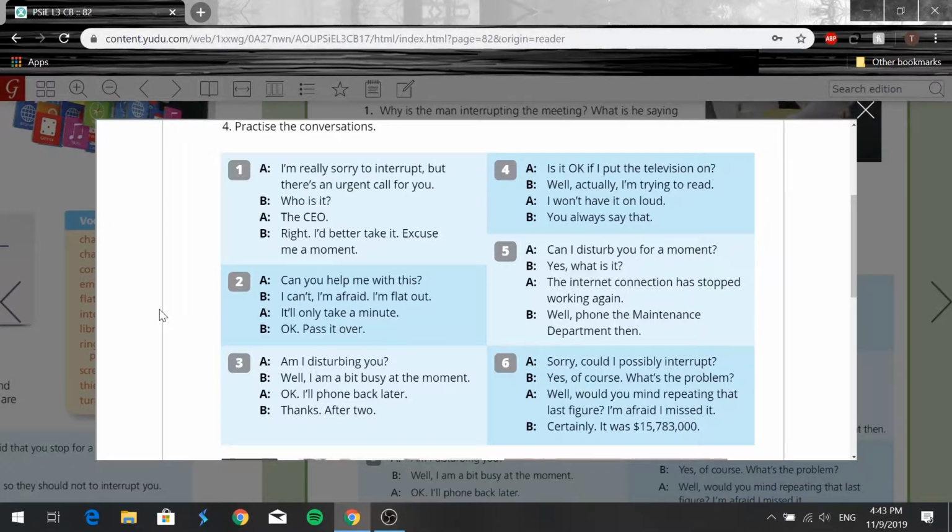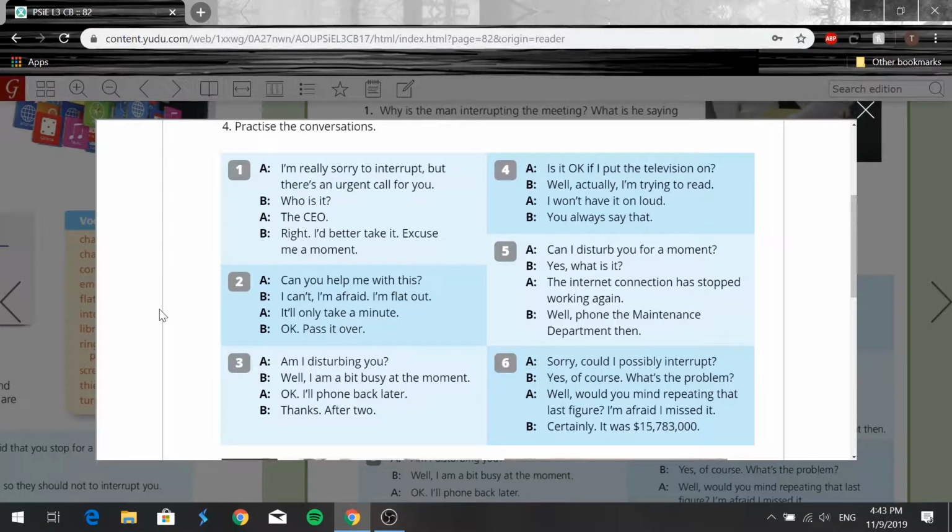4. Is it OK if I put the television on? Well, actually, I'm trying to read. I won't have it on loud. You always say that. 5. Can I disturb you for a moment? Yes, what is it? The internet connection has stopped working again. Well, phone the maintenance department then. 6.